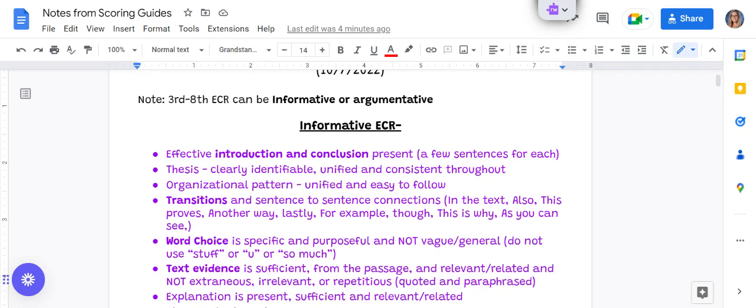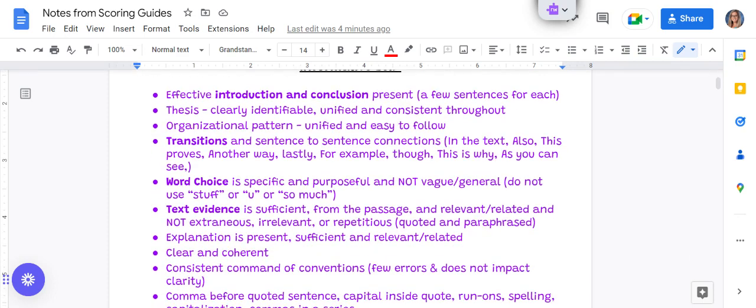I would say teach your students to do a few sentences for the introduction and conclusion. The thesis, I think they call it a thesis in sixth grade and up, but in third through fifth, they call it a central idea. It's clearly identifiable, unified, and consistent throughout. Organizational pattern, easy to follow. This is the language right from the rubric.